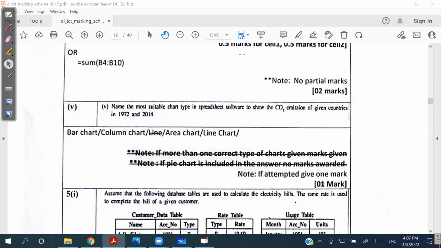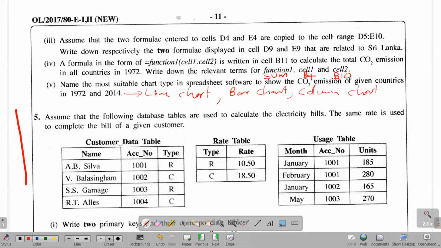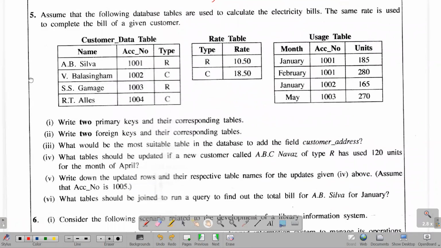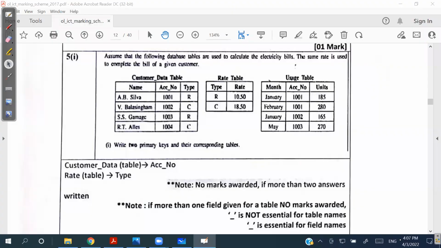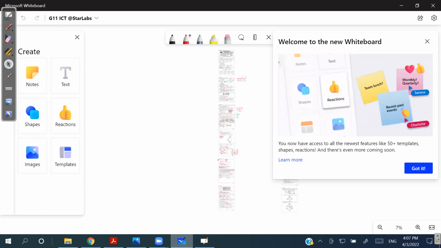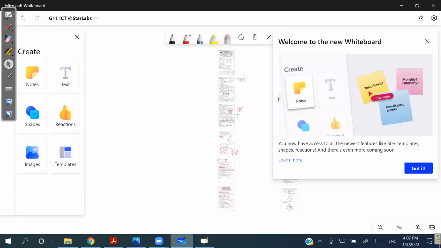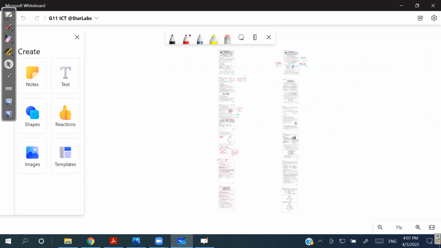Moving to the fifth question, the database question about the customer table, rate table, and the usage table. Okay, so let me try the new whiteboard over here. There are a lot of things there.